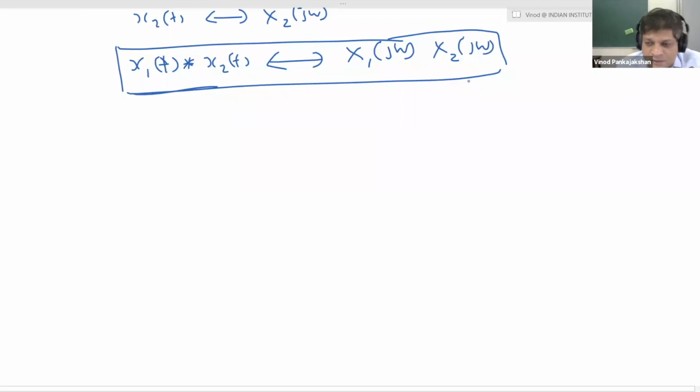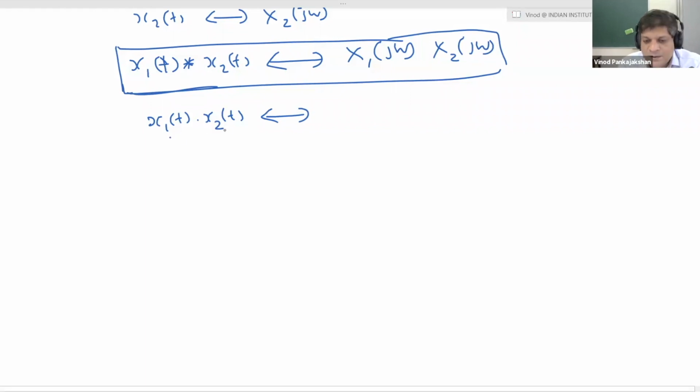We will be discussing many applications of this property in later classes. So this is a very important property. You have to remember this. And there is a dual of this property, which I am just stating without proof. Here we are convolving two signals in the time domain.